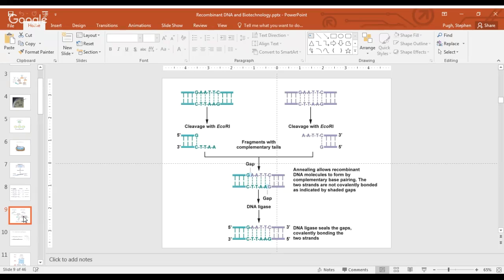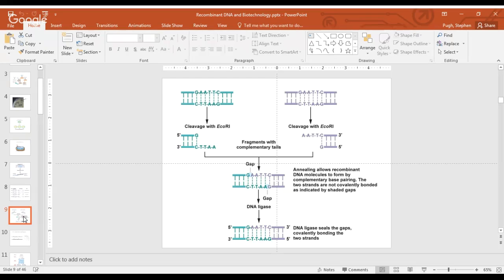So basically, if we want to use this for biotechnology, to create recombinant DNA, we simply cut two pieces of DNA with a restriction enzyme, in this case, EcoRI. It's going to produce sticky ends. And then those sticky ends of DNA will join together. We have to add a little ligase to make that happen. But it doesn't matter where the DNA comes from.